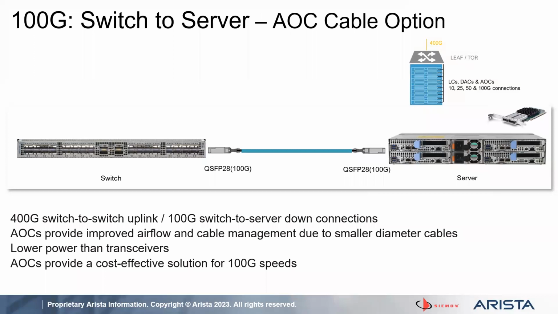This is as we start to see more 100 gig at the server, as Siemon was talking about. It's a really good option for that, especially fiber. Since this is fiber, the cable is small, which is better for airflow and cable management. It does have lower power, as I mentioned, versus transceivers, and it is a fairly cost-effective solution.